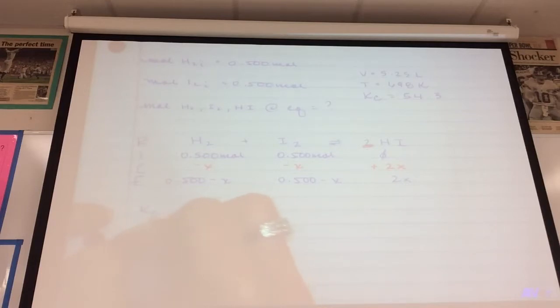My Kc expression, if asked for, hydrogen iodide squared over hydrogen gas times iodine, Kc is equal to 54.3. And I'm just going to go ahead and square these because this times this would be squared.